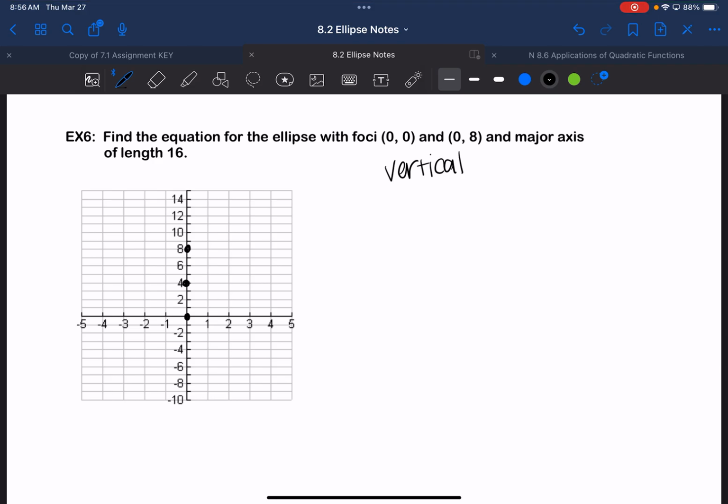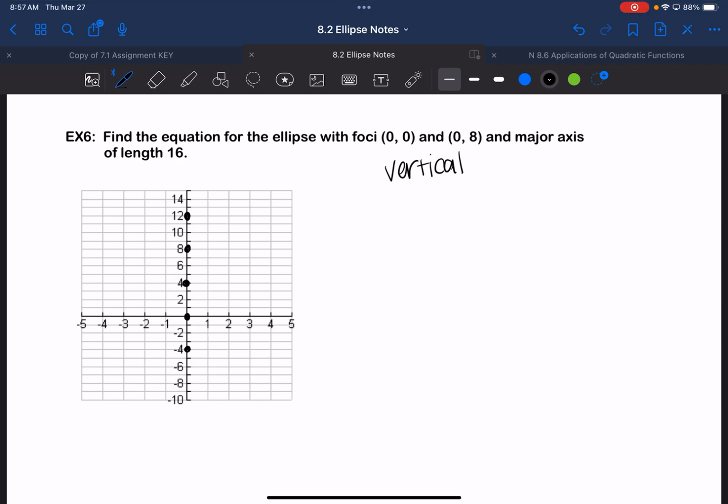Okay, and we said this thing has a major axis length of 16, which means I'm going how far in each direction? So if I go 8 up from 4, I would land at 12. And if I go 8 down from 4, I land at, right. Okay.